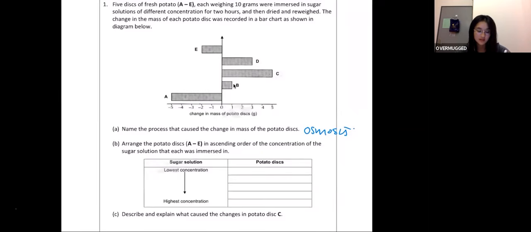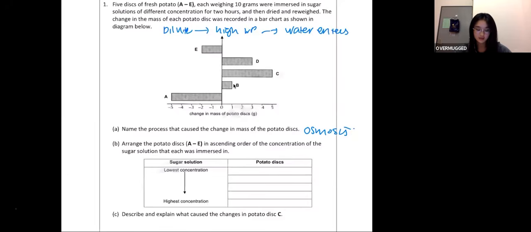If it is a dilute solution, does it have high or low water potential? It has high water potential, which means that the water molecules are going to move from solution to cell. The water is going to move into the potato disc. So water enters the potato disc.